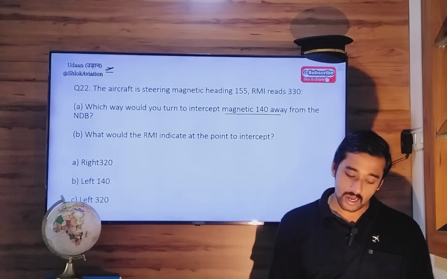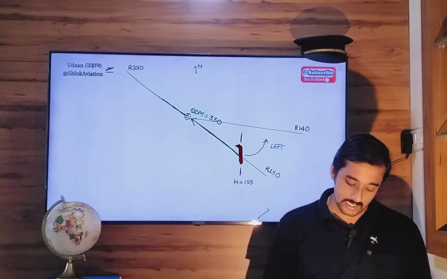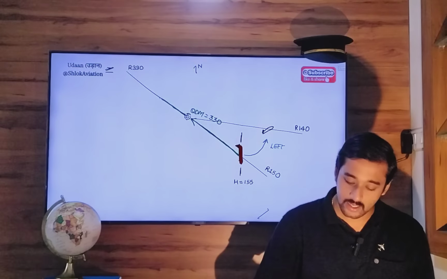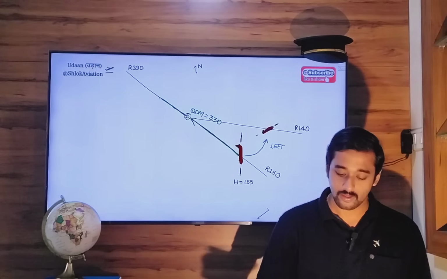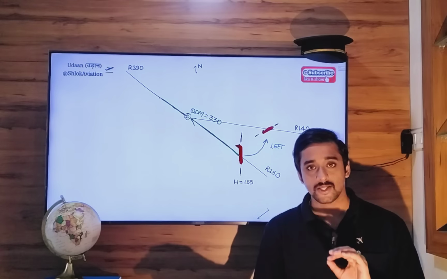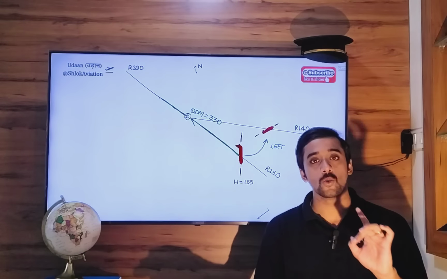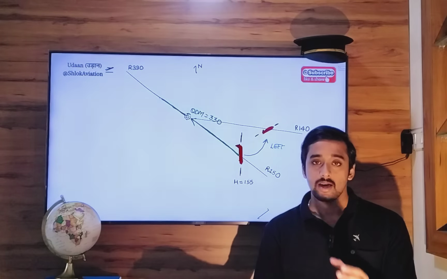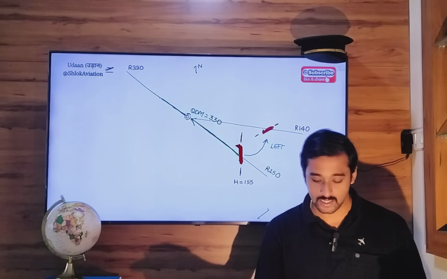Next, what would RMI indicate at the point of interception? So whenever you complete this left turn and you are positioned somewhere on this radial 140, like this, what will the RMI indicator indicate at this point of time? The work of RMI is to always point towards the NDB station, to always give you the information of the track that you must fly towards the NDB station.